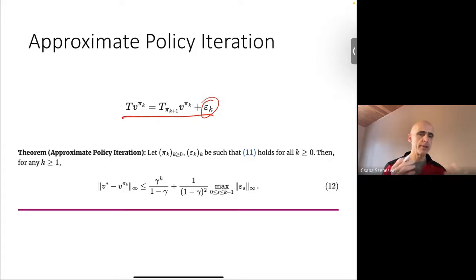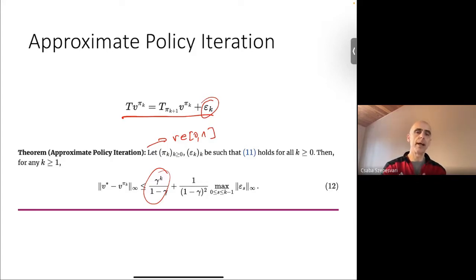Then after so many iterations, I guess this relies on the rewards being in 0, 1, the initial error is reduced by a factor of gamma to the power of k, which decreases at a geometric rate.